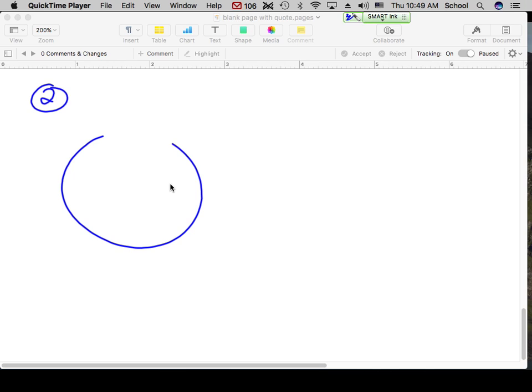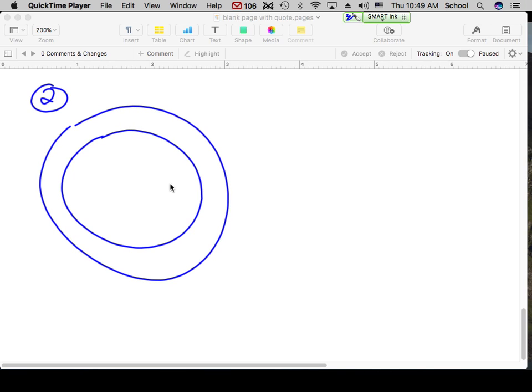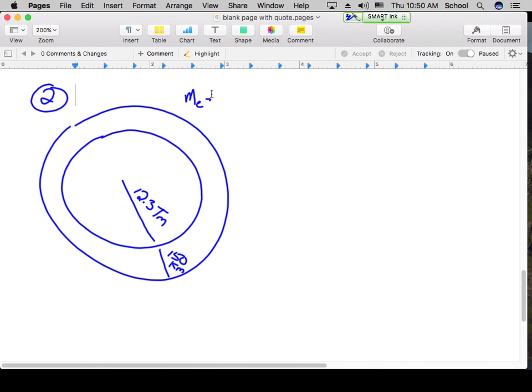So basically we have a planet and we are in orbit around that planet, and we know that this distance was 150 kilometers, and the radius of the planet was 12.3 terameters, and the mass of the planet was equal to 1.35 exponent 30 kilograms.